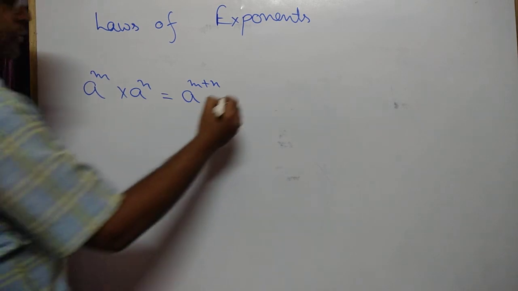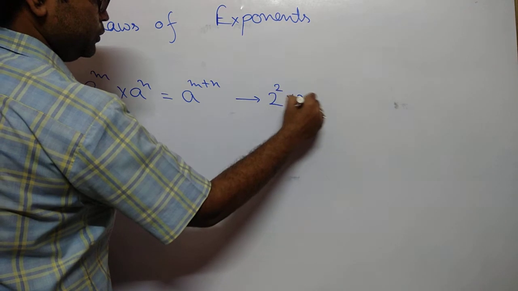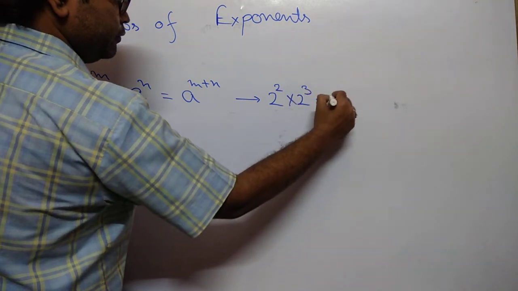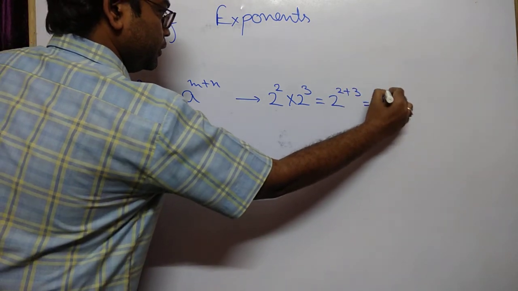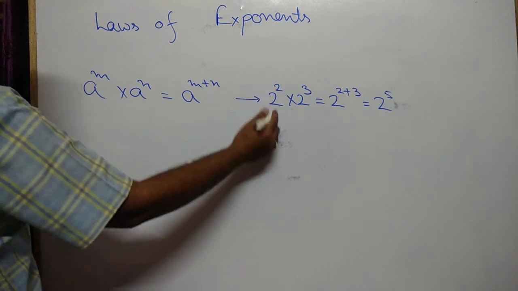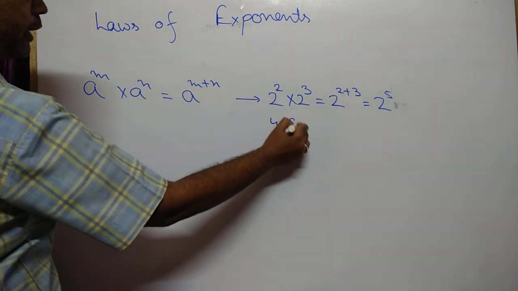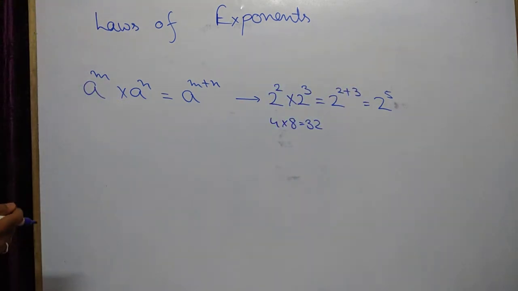For example, 2 to the power 2 into 2 to the power 3. What do we have? 2 to the power 2 plus 3 equals 2 to the power 5. You can verify: 2 to the power 2 is 4, into 8, is 32. And 2 multiplied 5 times is 32. So you can easily verify.